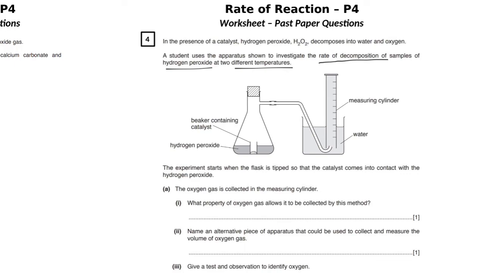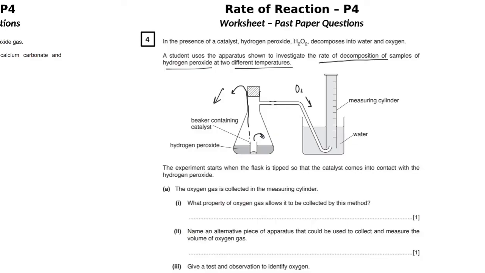The experiment starts when the flask is tipped. This flask is tipped, which means it must be connected to a thread, and that thread was pulled. So the contents of this little flask were put into the conical flask. So the oxygen gas is collected in the measuring cylinder. So O2 is going here.